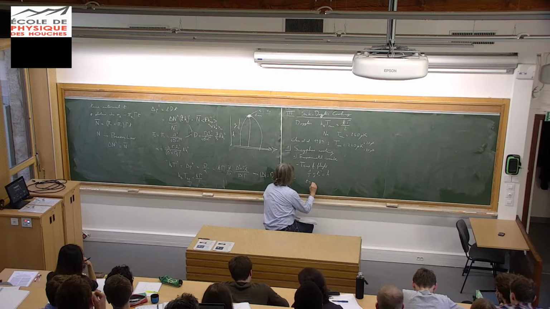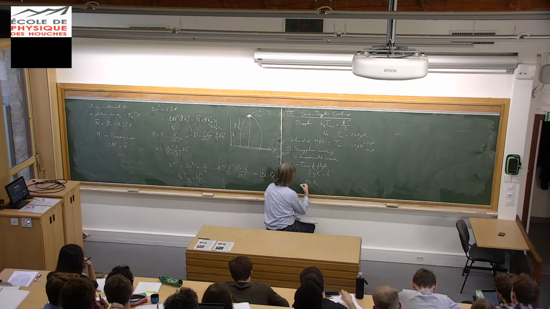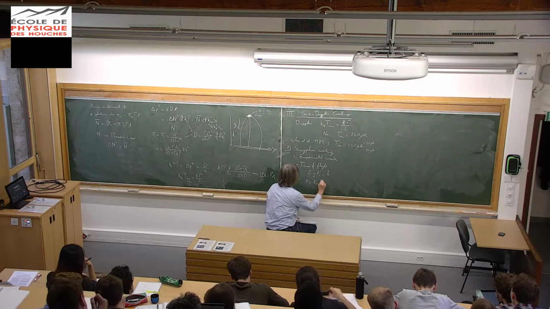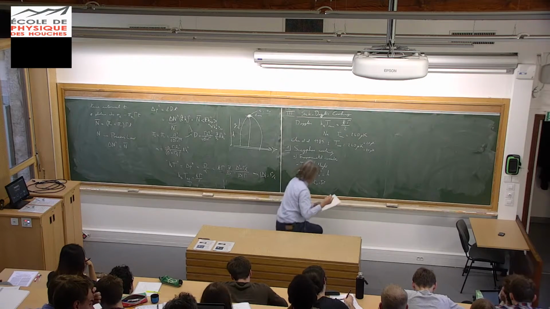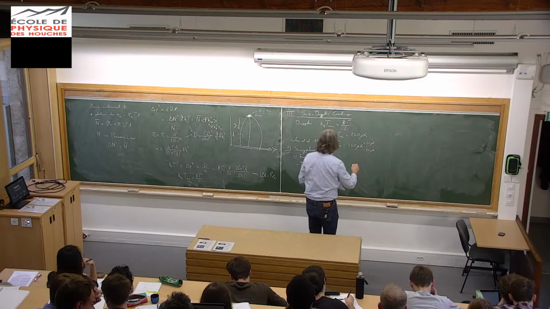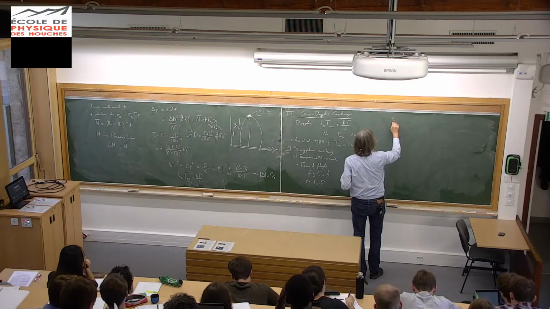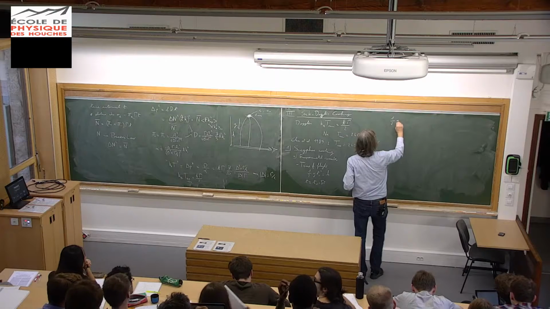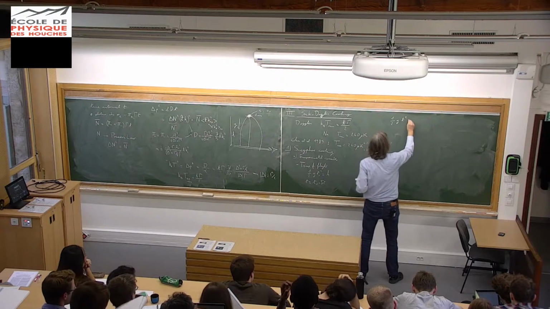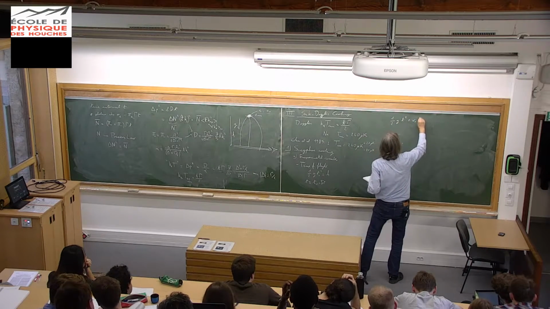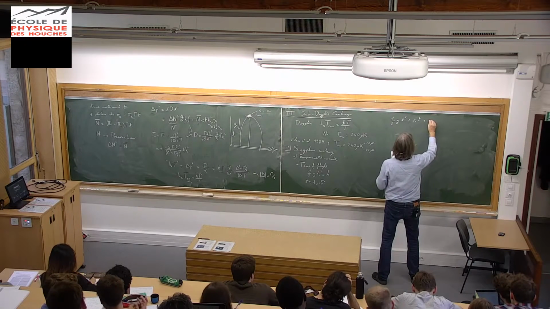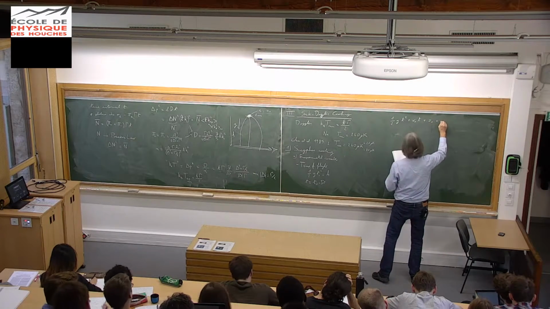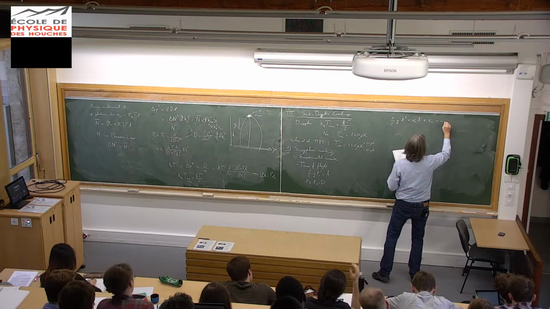and you just write that t for this particular atom is the mean value plus a small deviation. So you have to write the equation for the atom. It is 1/2 g t² + v0 t + z0 = -h.